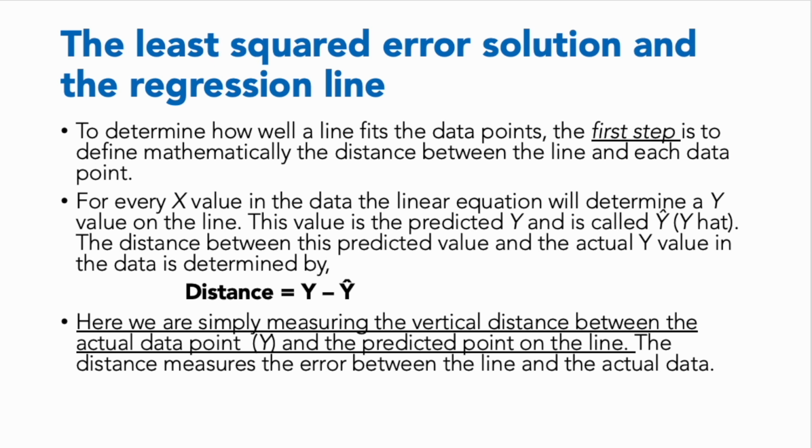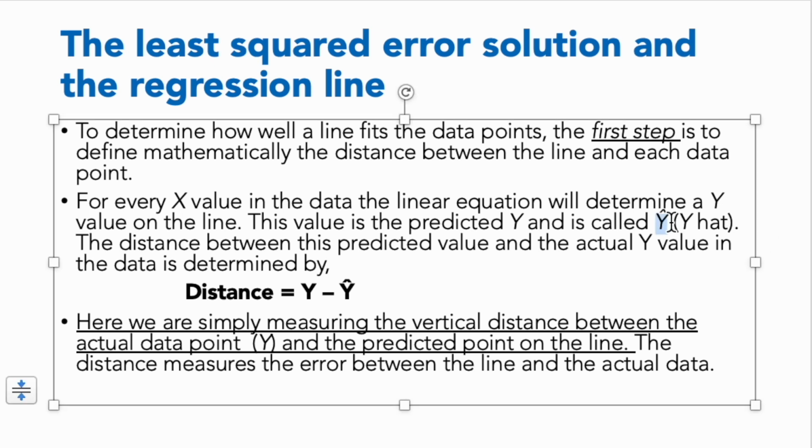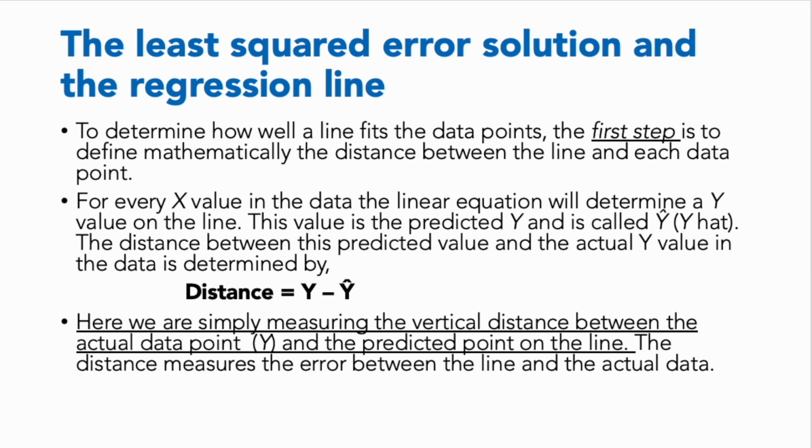To determine how well a line fits the data points, the first step that you need to do is to calculate the distance between the original or the actual y value and the predicted y value. The predicted y value is denoted by y hat. That's the value we will be using to draw the best fit line.